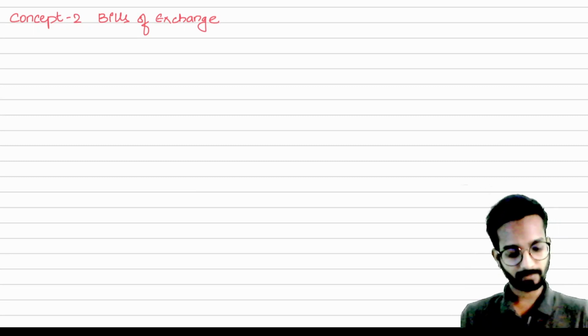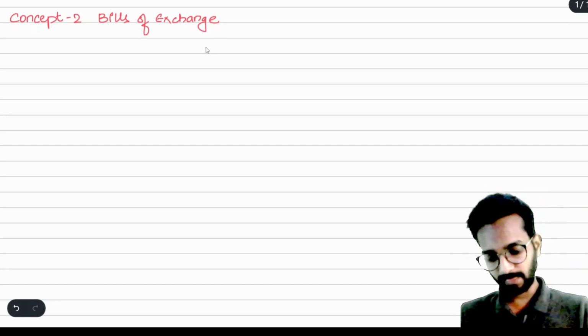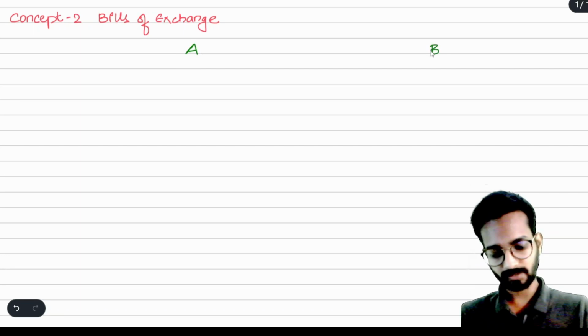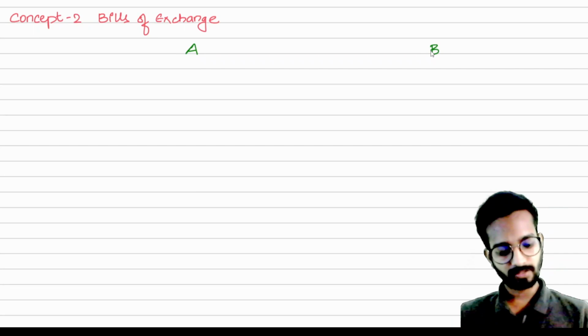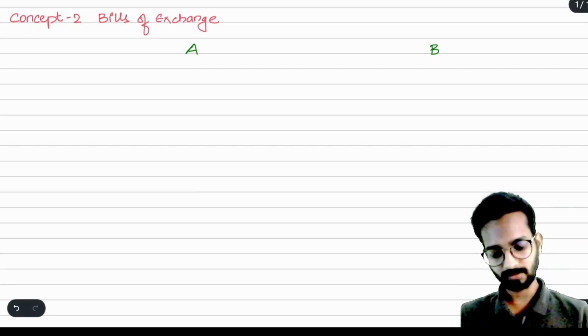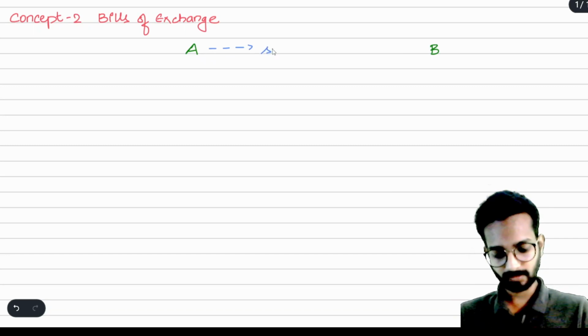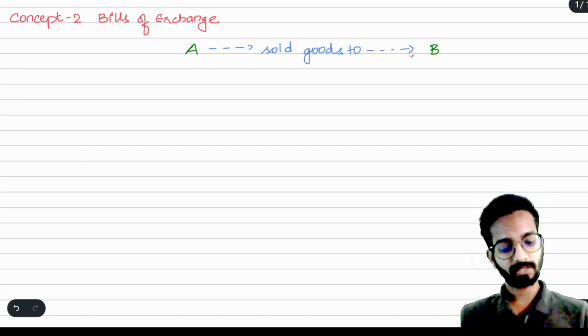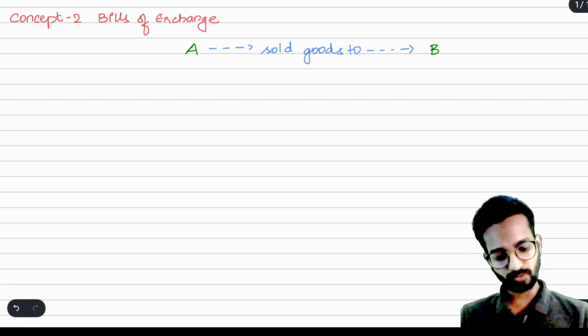See, understand. Suppose, continuing our previous example, A and B are two persons. Now what is happening? A sold goods to B. So first tell me, who is A?